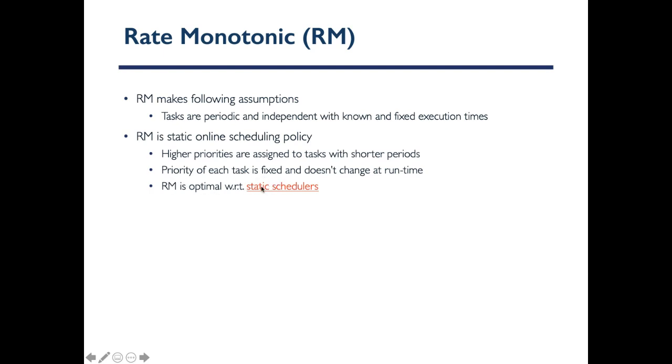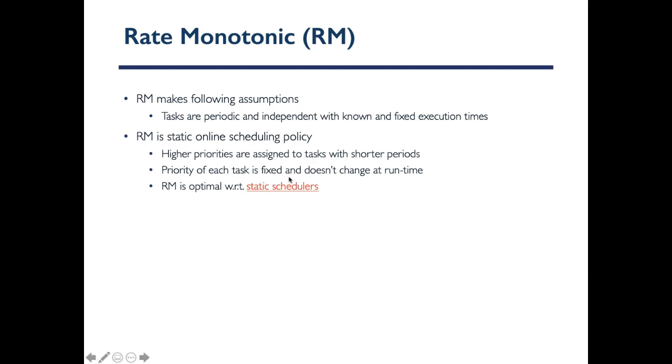This is a point that I'm going to make without any proof. You're going to believe me. Rate monotonic is optimal with respect to static schedulers; go back and look at the definition of optimality. What this means is, if you have a static scheduler that produces feasible schedules for a workload, then rate monotonic can also produce a feasible schedule for that workload.